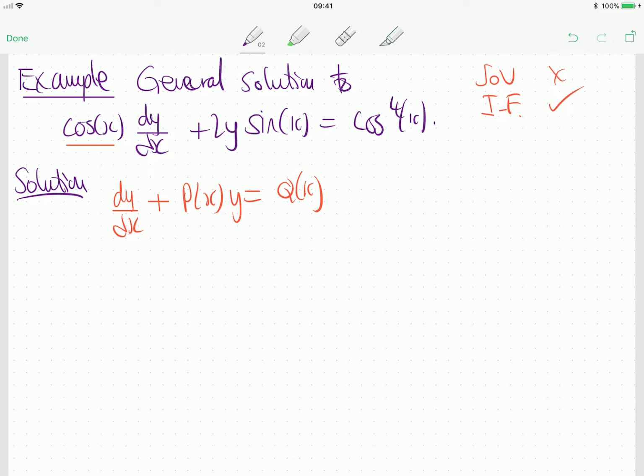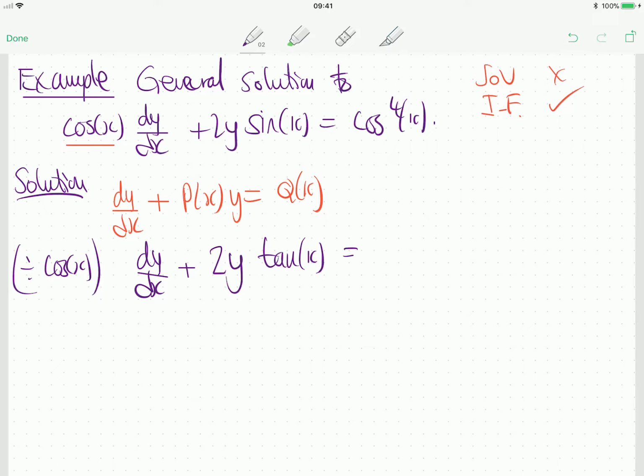So we need to divide through by cos x. If we do that, we get dy/dx plus 2y sin divided by cos, I'm just going to write that as tan. And one of those cosines disappears. That's a little bit of good news. Still, we have a cube. Doesn't look particularly pretty at the moment.